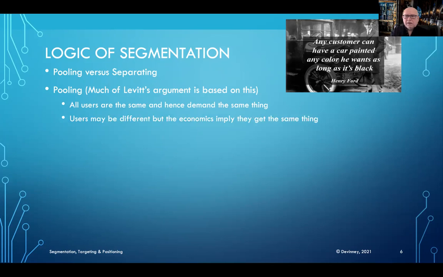That's really the logic of this. And if the cost of producing variants of a product is high, then pooling makes a lot of sense, because you simply can't engage in tailoring.